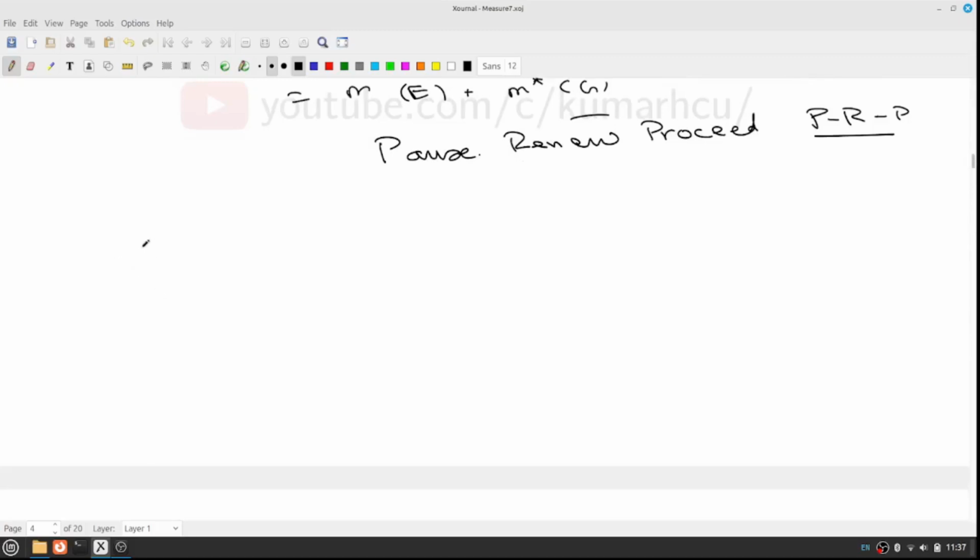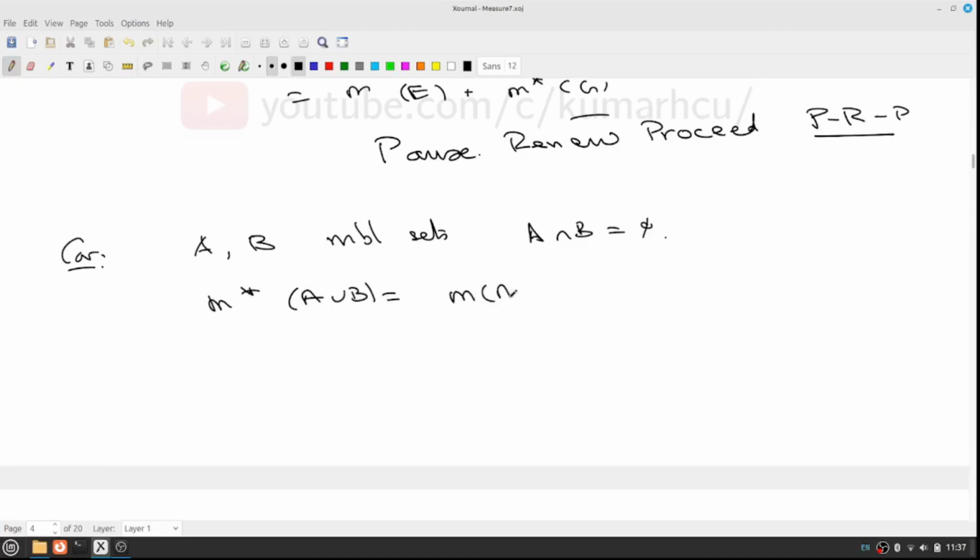So in particular, an obvious corollary is the following. Suppose A and B are measurable sets and A intersection B is empty, that is, they are disjoint. Then m star of A union B is m of A plus m of B. Do you understand this?